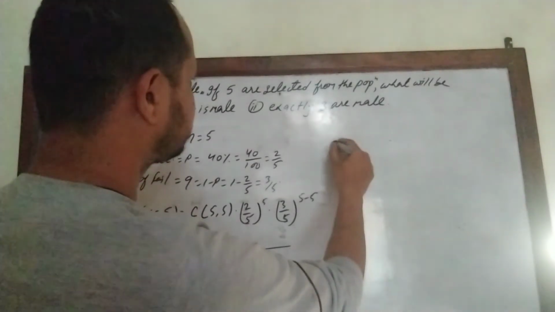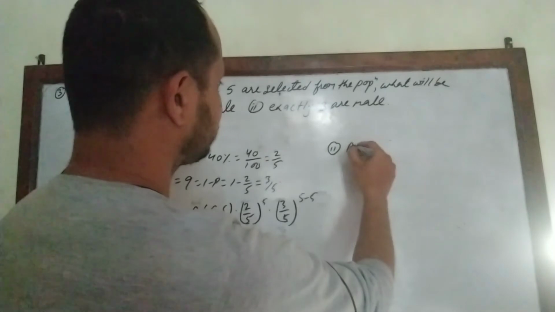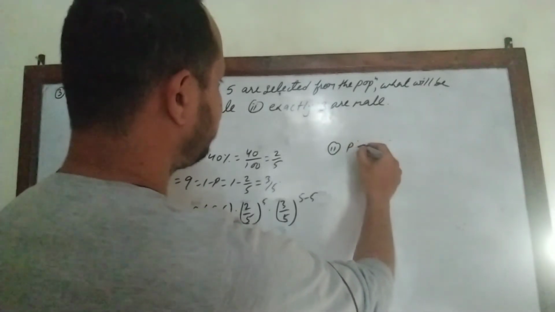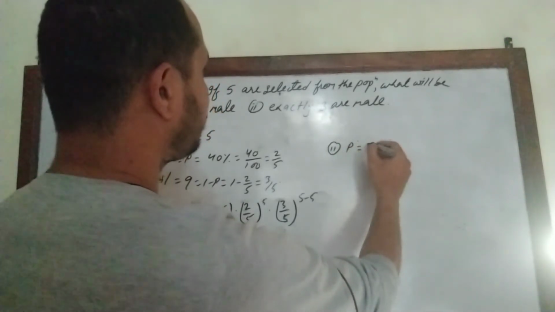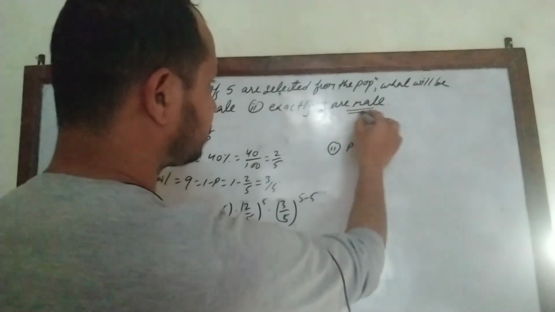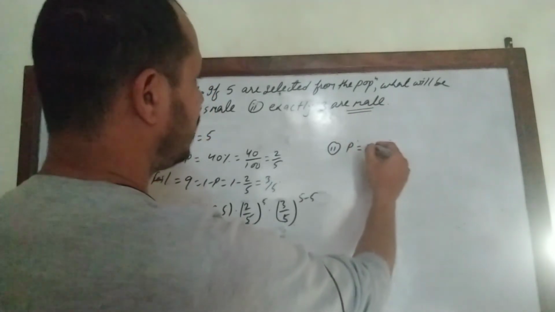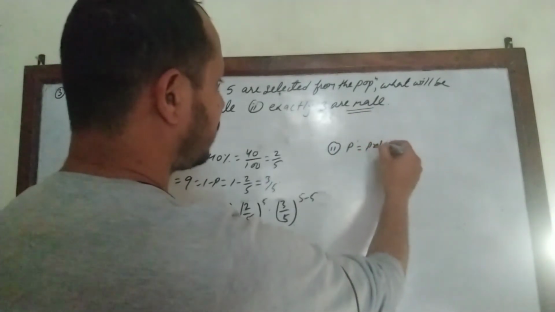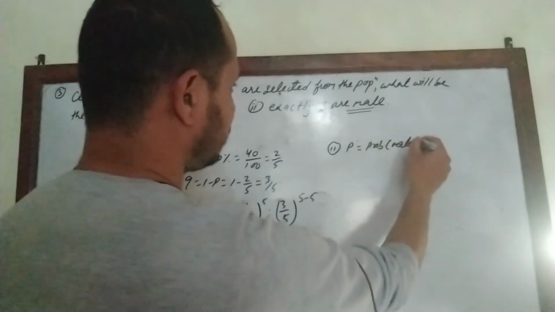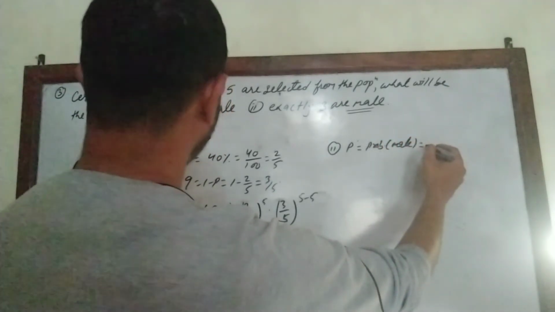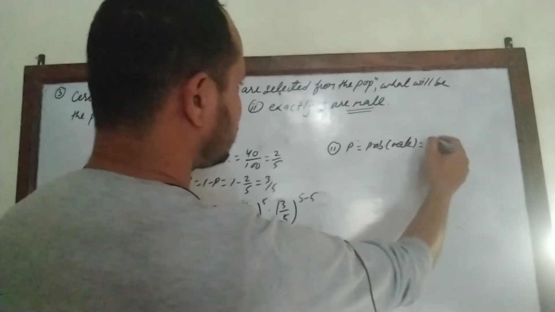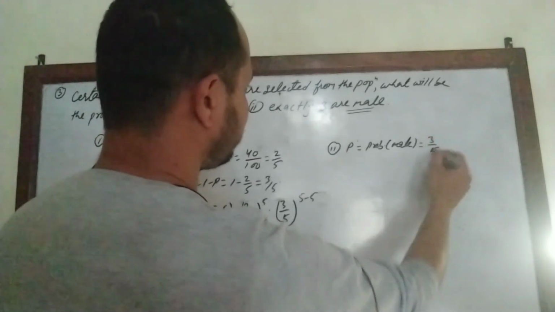Second question, exactly 3 are male. Now here we need male, so p will be the probability of getting male, and we have male 60%, which we already calculated as 3 by 5.